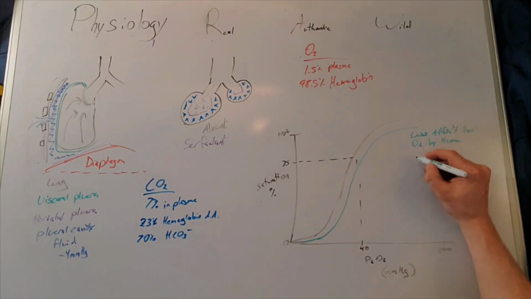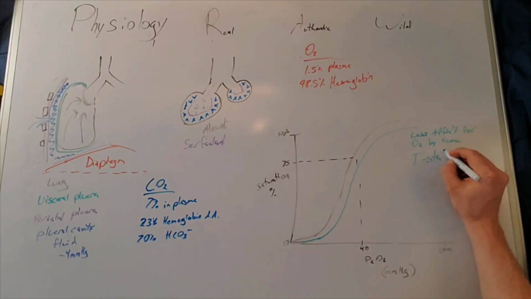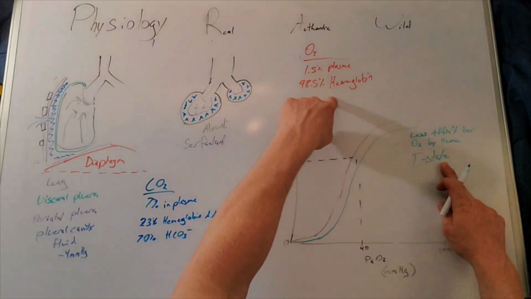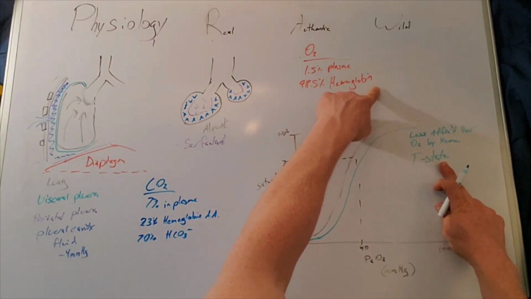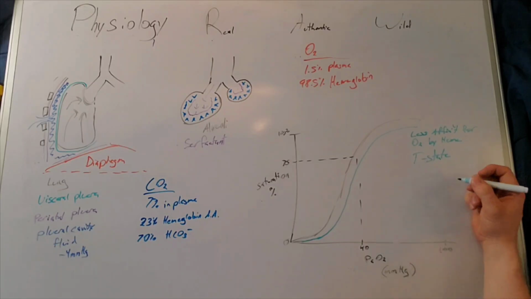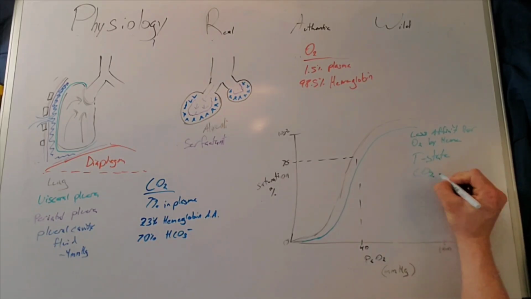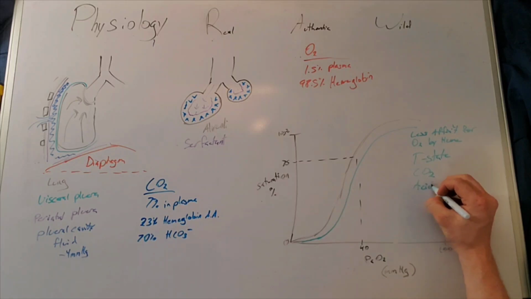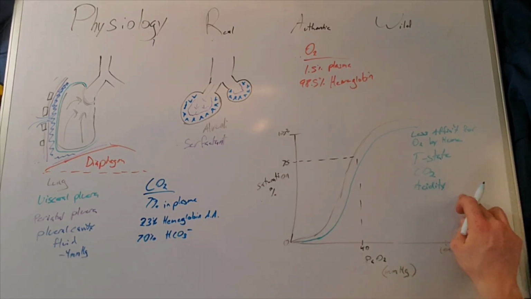Things that cause this would be the T state of heme. Oh no wait, sorry, not the R state, the T state. The T state, the tension state, means that the hemoglobin is less likely to bind to oxygen and actually tries to push it off. High CO2 levels, higher acidity in the blood, which is found in the tissues.